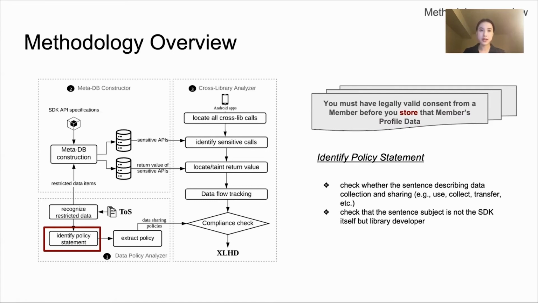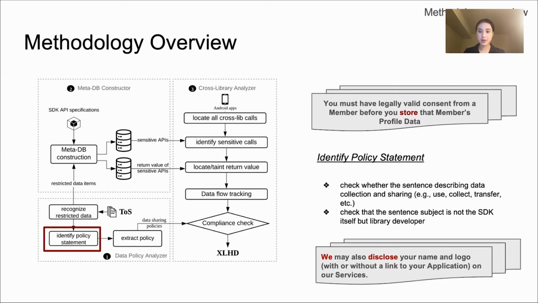We also eliminate the sentence with the first party as subject. For example, this sentence is not the policy statement we target, as it contains the first-party subject we. And this sentence we identified as a data sharing policy, as it contains the collection operation and the subject of this sentence is not the first party.